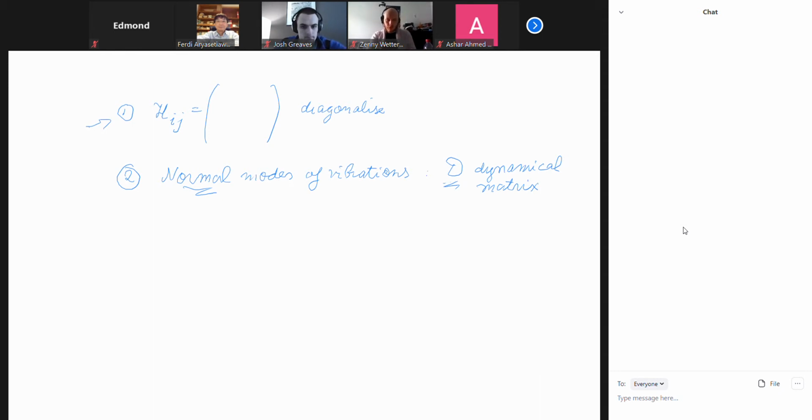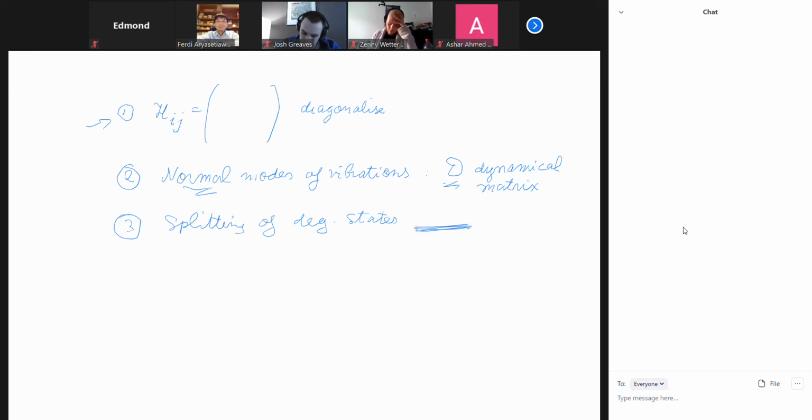The third application is more qualitative. This will be the splitting of degenerate states. This is a broken symmetry thing. We have states which are degenerate.